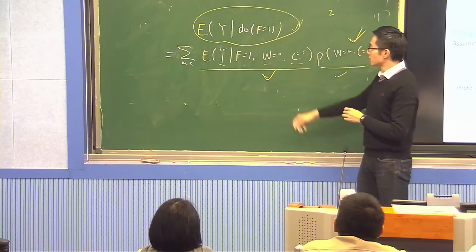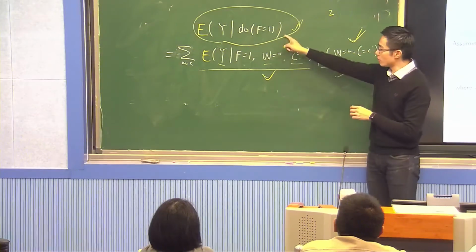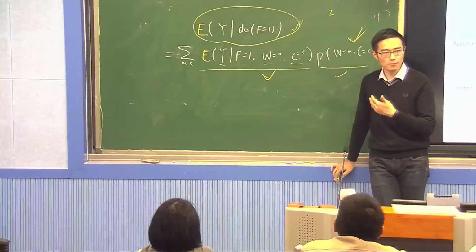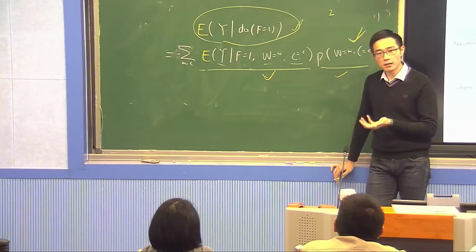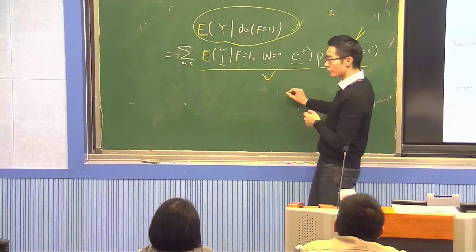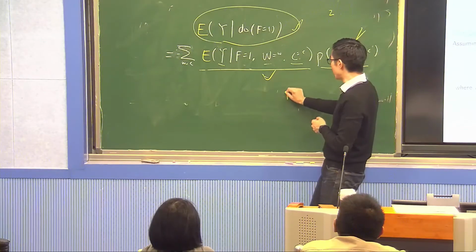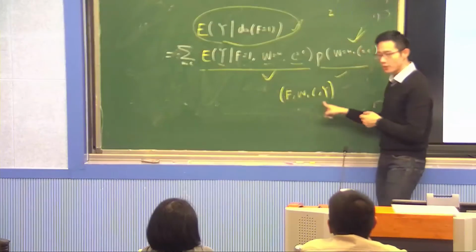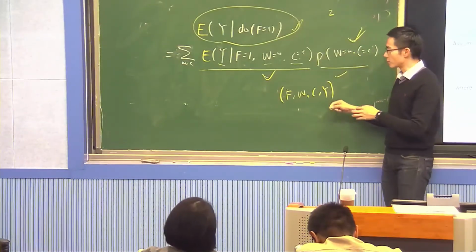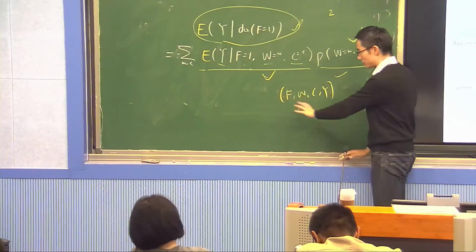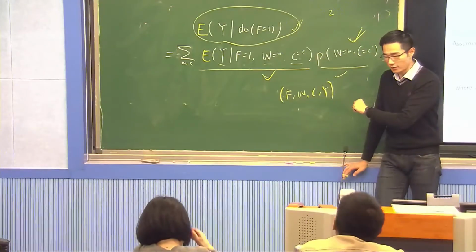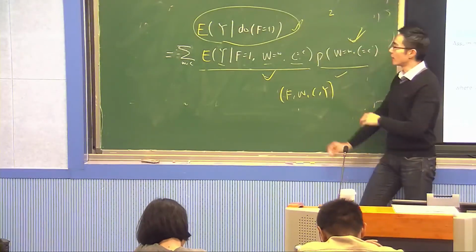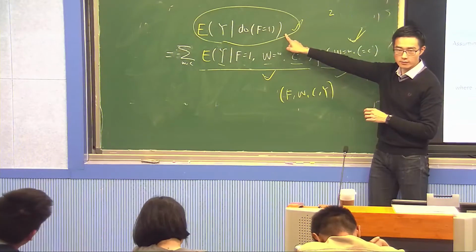Now, in this case, we say this causal effect is 100% completely identified. If we observe F, W, C, Y, if we observe their entire population, infinite data, then I will be able to uniquely calculate this.